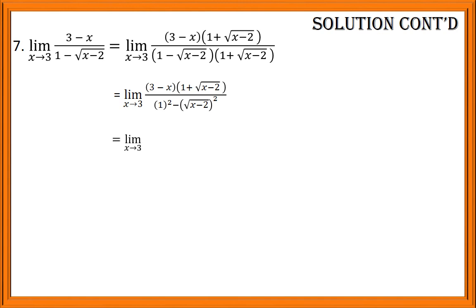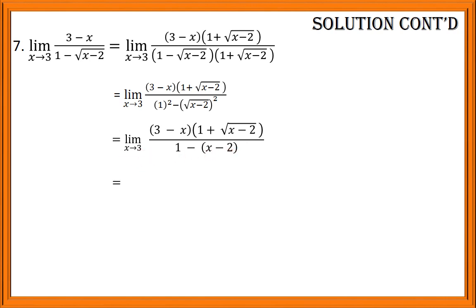This will now be the limit of 3 minus x multiplied by 1 plus root of x minus 2 all over 1 squared is 1 minus, the square will cancel the square root, leaving x minus 2 as x approaches 3.